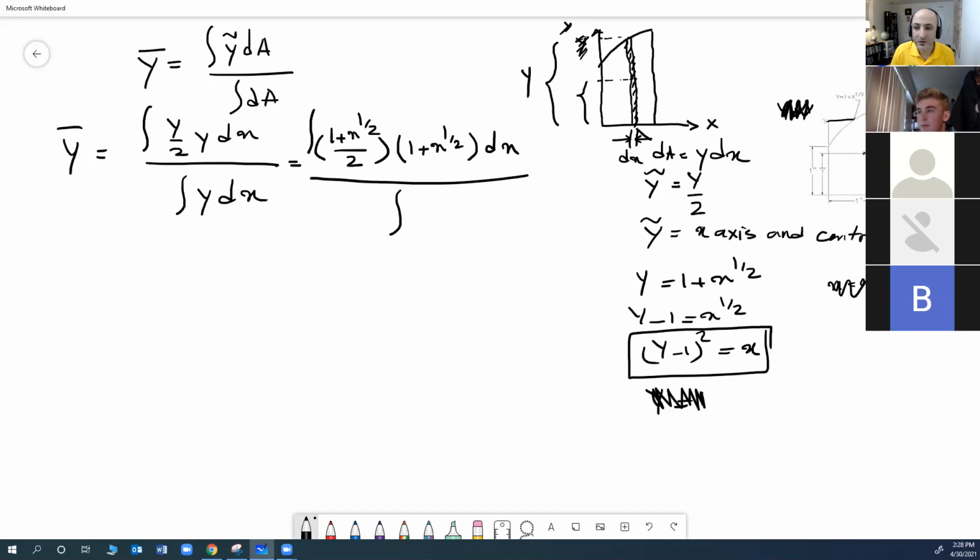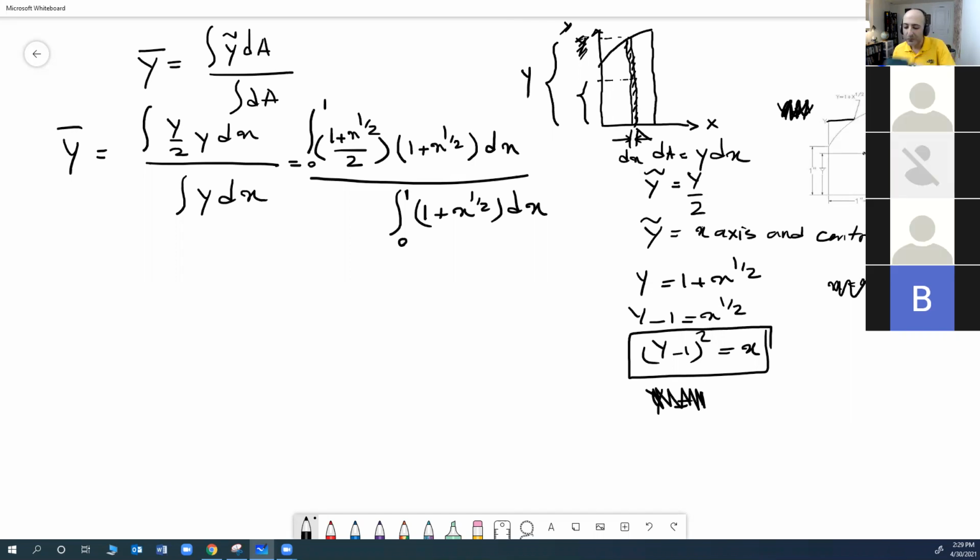And 1 plus x dx. Does that make sense? Is that correct? And the x is going to move from 0 to 1. Colton, does that make sense to you? Did I miss anything?